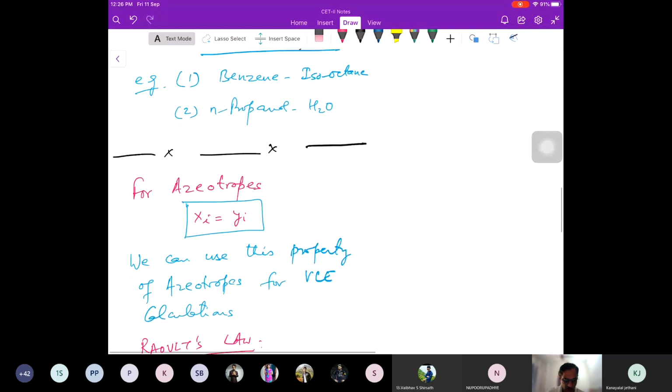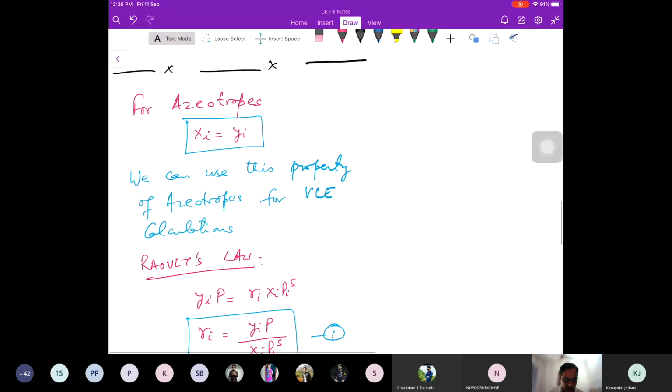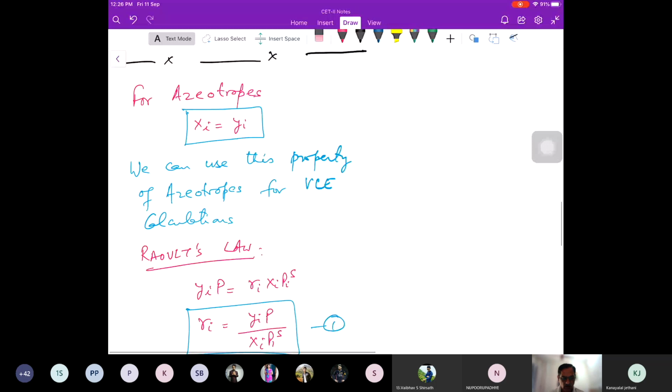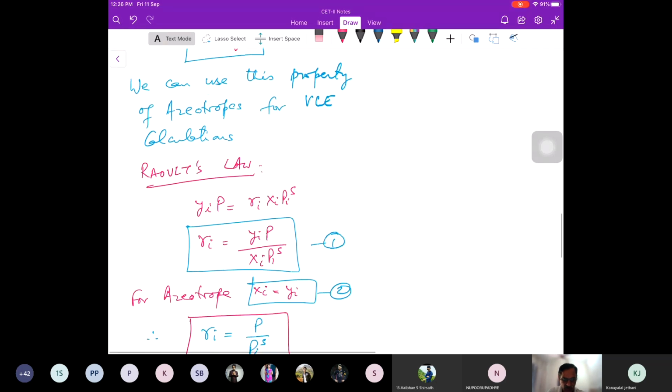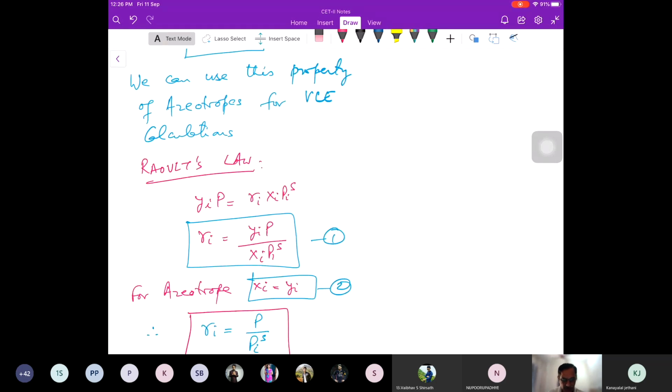Okay. So now let us see for azeotropes what happens. For azeotropes, you know that xi equal to yi, or x1 equal to y1, x2 equal to y2 भी होगा, right? You can use this property of azeotropes for VLE calculations. So from Raoult's law, yiP is equal to gamma i xi Pis.